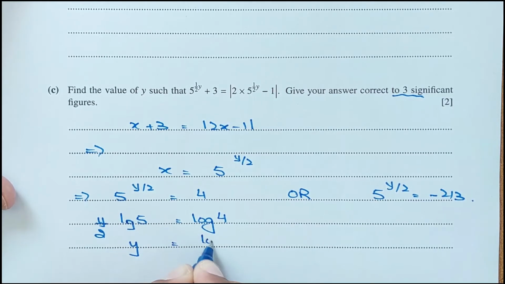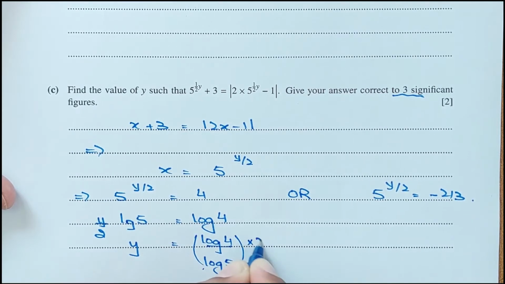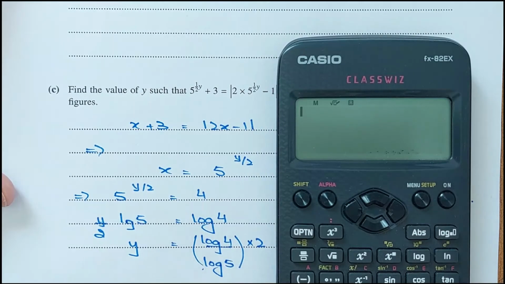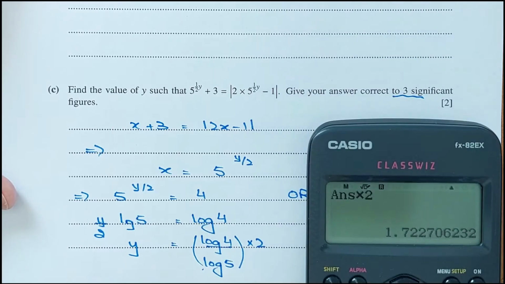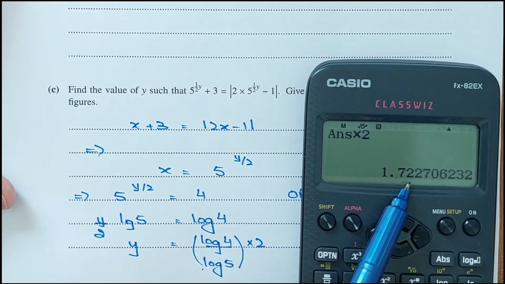Y equals log 4 divided by log 5, and this is times 2, multiplying by 2, right? Let me calculate this. Log 4 divided by log 5 times 2 is 1.7227, and up to 3 significant figures, 1.72.